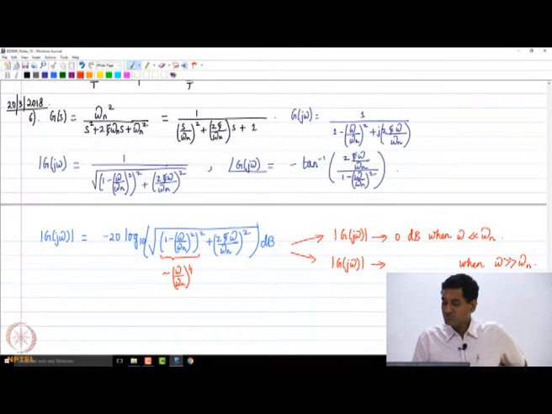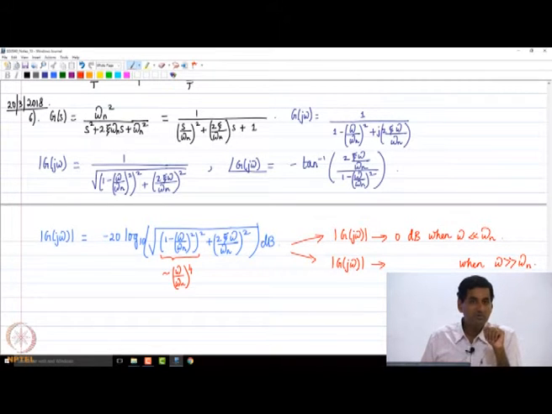The second term is 2 zeta omega by omega n whole square. Now, which term is going to dominate? The first term, omega by omega n to the power 4. So when you take the square root of omega by omega n to the power 4, we get omega by omega n whole square.